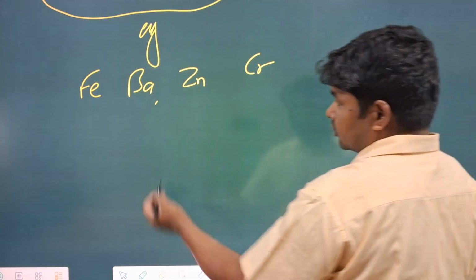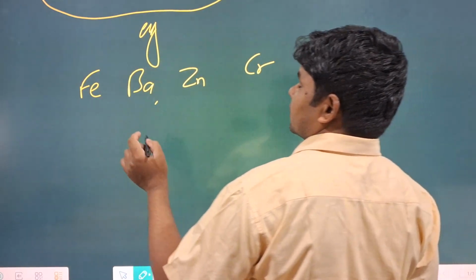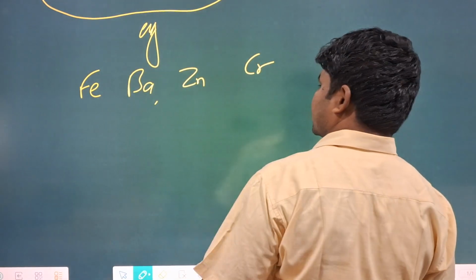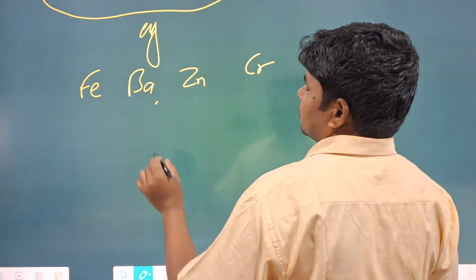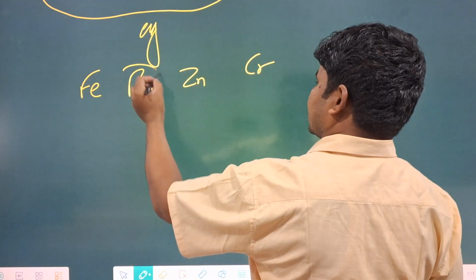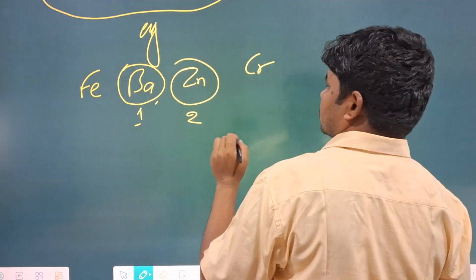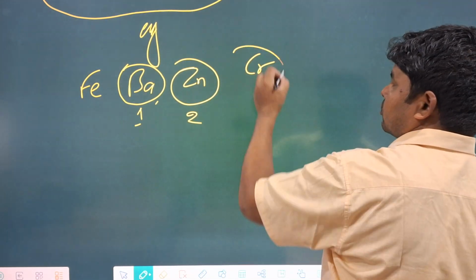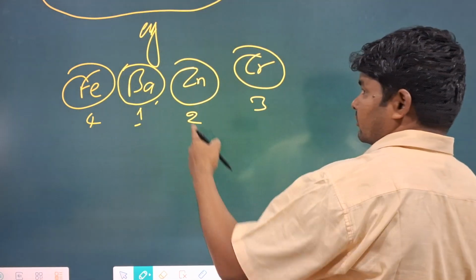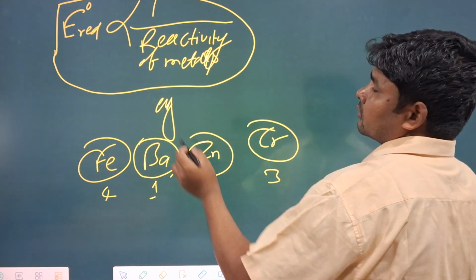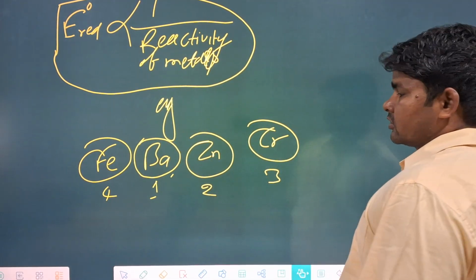In the electrochemical series, of these four given metals, barium contains the highly negative value of reduction potential, then zinc number two, then chromium, and iron last. By the formula, reactivity of metals is inversely proportional to standard reduction potential.